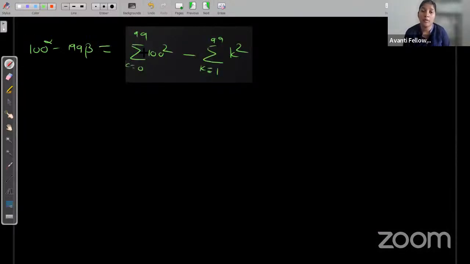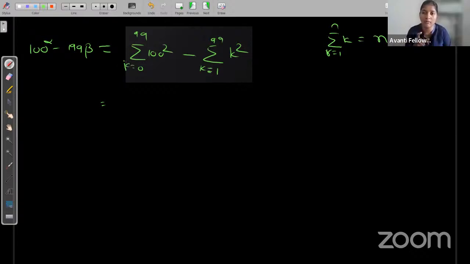Well, so now observe here, this 100 squared is nothing but a constant, right? What is the summation of a constant equal to? Yes, the summation of a constant, say from r is equal to 1 to n, will be equal to what? Total number of terms into that constant, right? So the total number of terms that we have from r is equal to 1 to n is n into k. So similarly here we will have, total how many numbers we will have here from k is equal to 0 to 99. Tell me the total number of terms here. Answer me in the chat box.